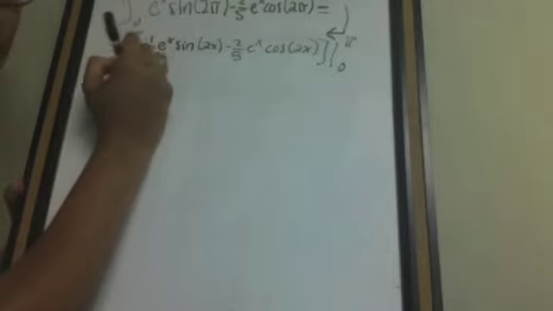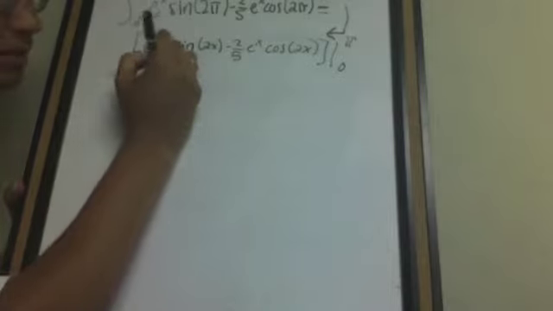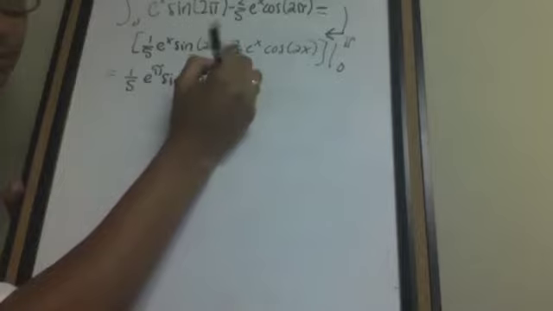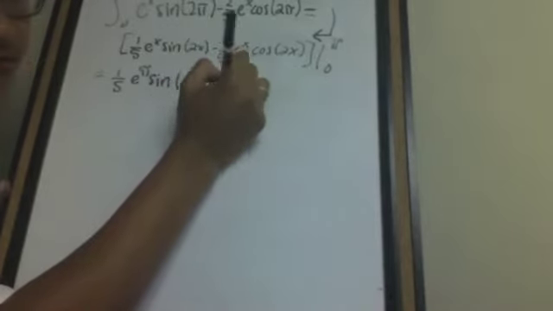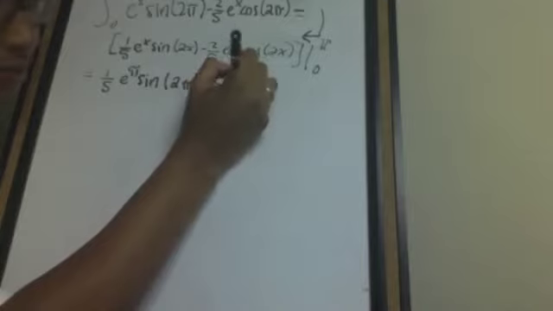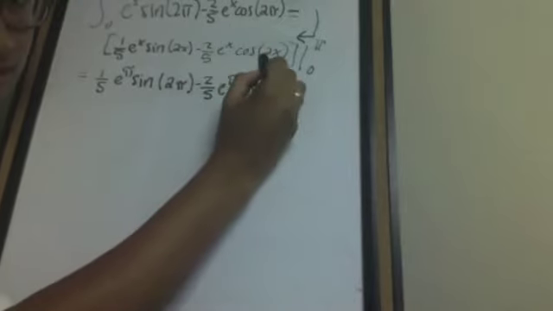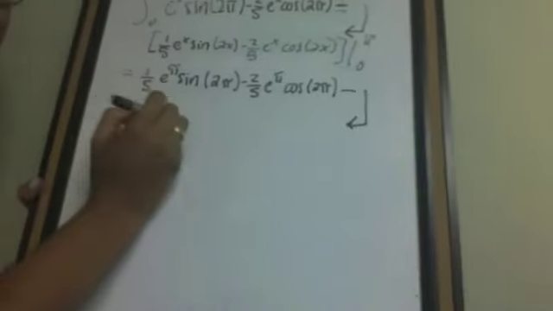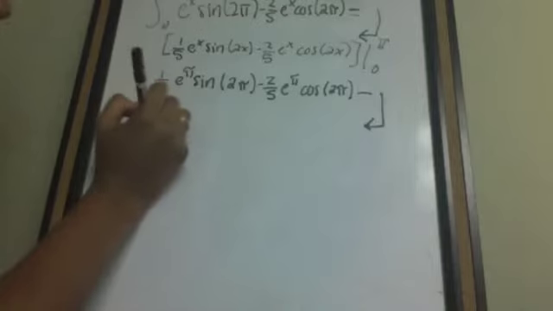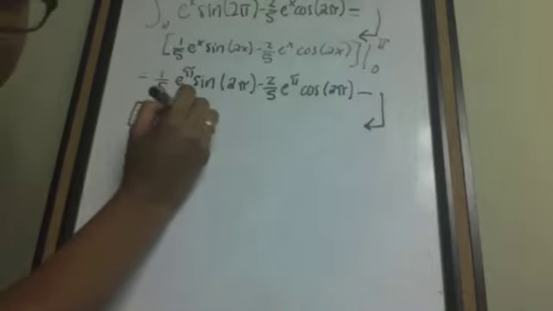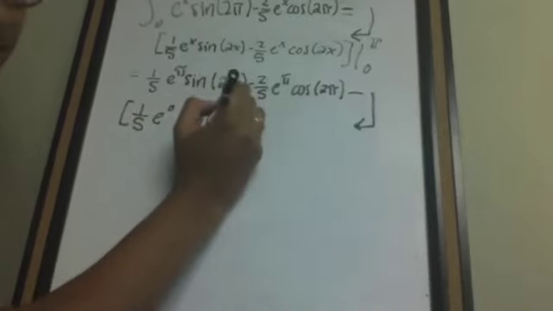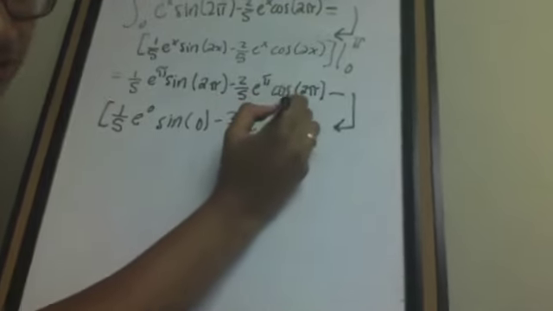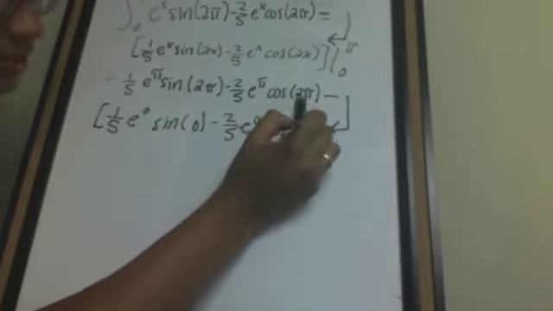It equals 1/5 e to the pi sine of 2 pi minus 2/5 e to the pi cosine 2 pi, minus, next line, 1/5 e to the 0 sine 0 minus 2/5 e to the 0 cosine 0.